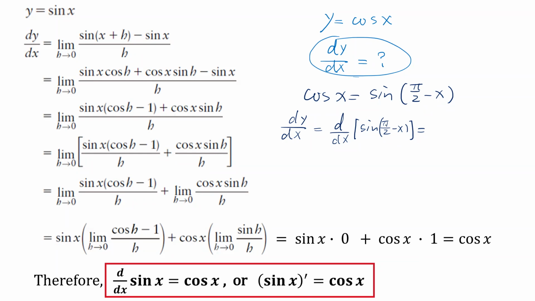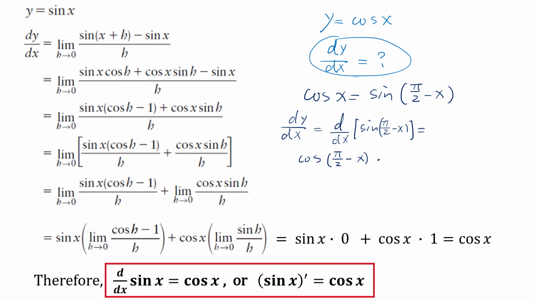And then we can use the chain rule to find the derivative of this sine function. So the outer function is sine u, right? Which has derivative cosine u, according to what we have got here. The derivative of sine u equals cosine u, right? And the inner function is half pi minus x.